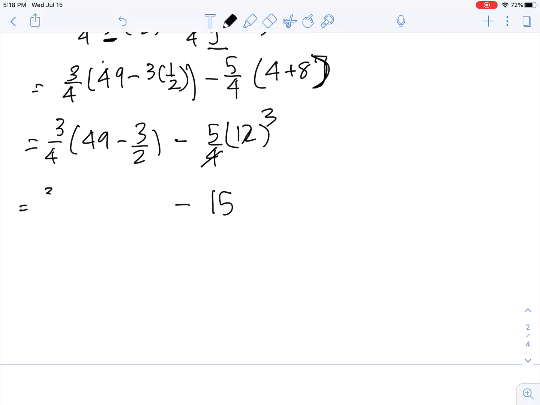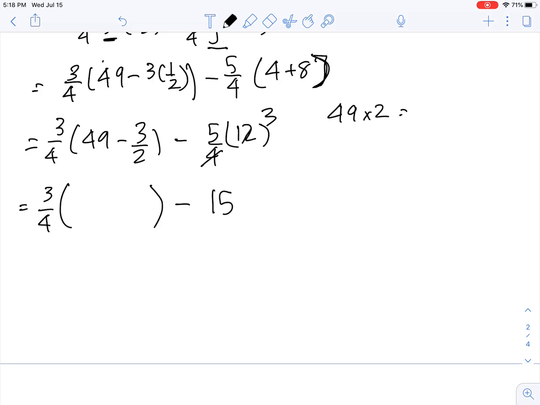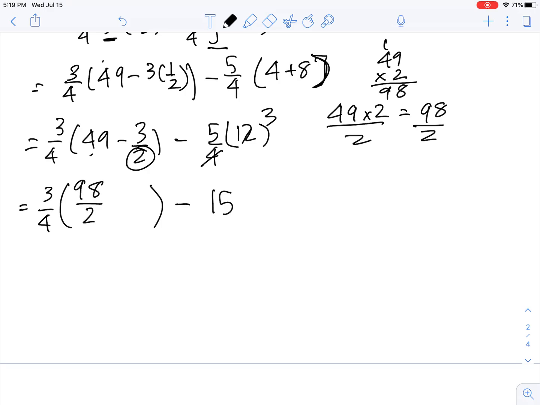And for here, we can change 49 and multiply it by 2 to get 98 over 2, so that they can share the same denominator. So that would be 98 divided by 2 minus 3 halves, right? So from there, you just do 98 minus 3, which is 95 over 2.